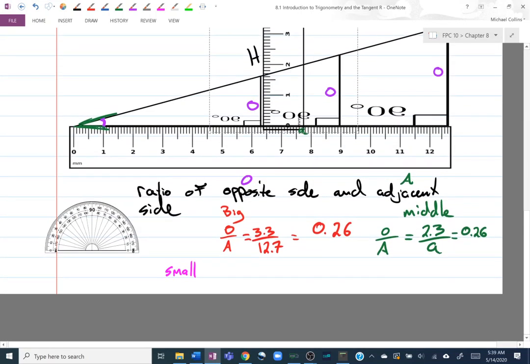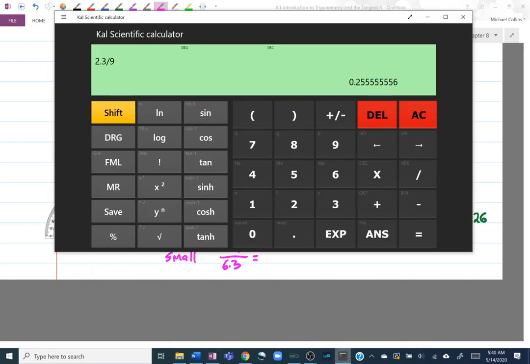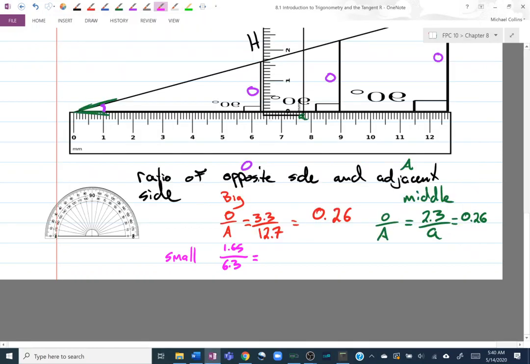So it looks like about a 1.65 divided by a 6.3, which if I type that into my calculator, you might be able to anticipate the answer, 1.65 divided by 6.3, and that is also equal to, to two sig figs, 0.26. So notice how our ratios are all the same.